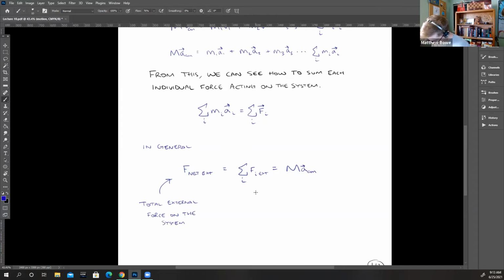And I'll say right here, each individual external force equals the total mass of the system times the acceleration of the center of mass.